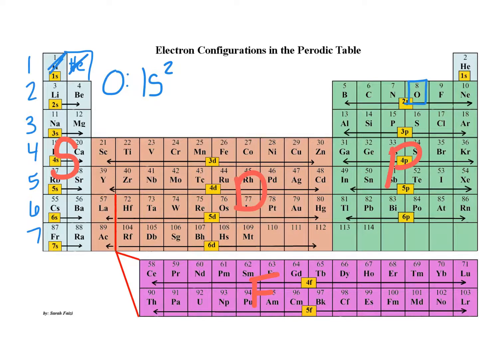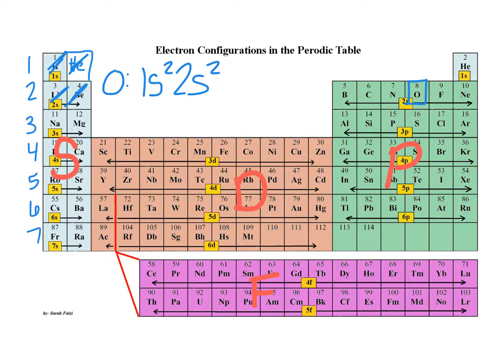Now I go to the next element, which is lithium. Lithium's here. It's in the second row, so I'm going to put a big 2. It's in the S block, so I'm going to put an S. And there are 2 elements in the S block. Put a 2. That gets me through lithium and beryllium. Now I come over to here.